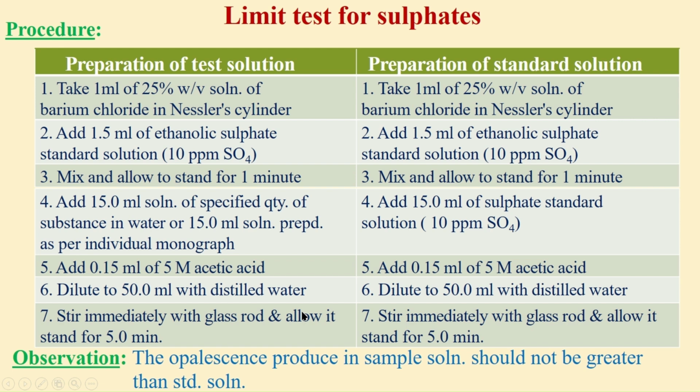Then we compare the opalescence produced in the test solution with the opalescence produced in the standard solution. It passes the test when the opalescence produced is lesser than that of the standard solution. This is how the limit test is carried out.